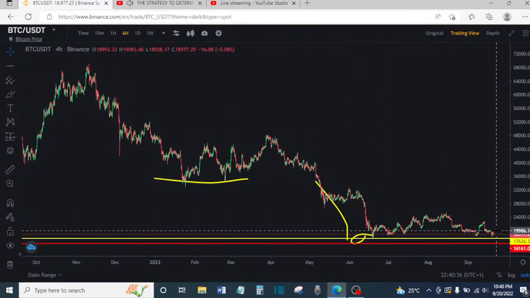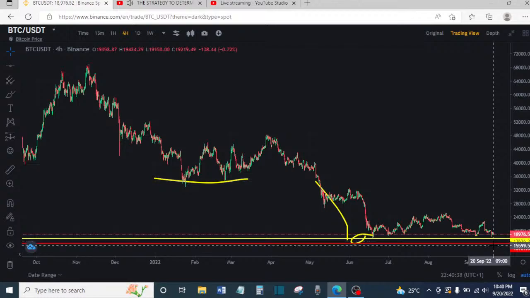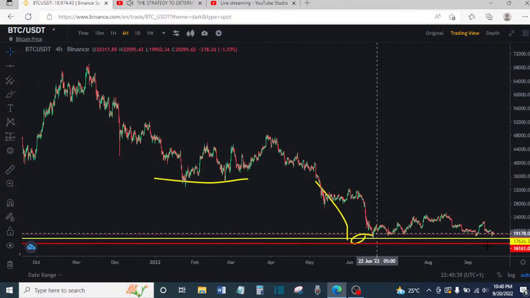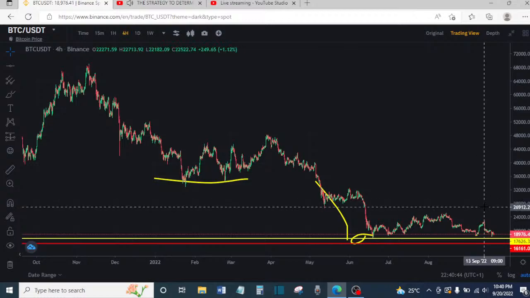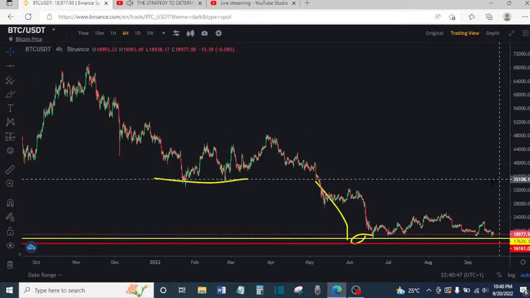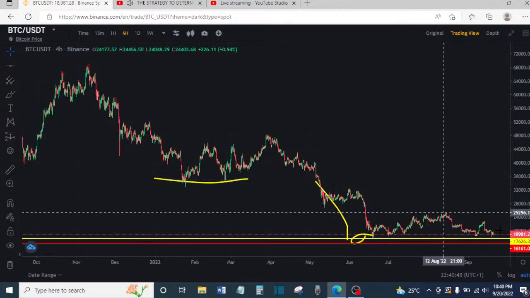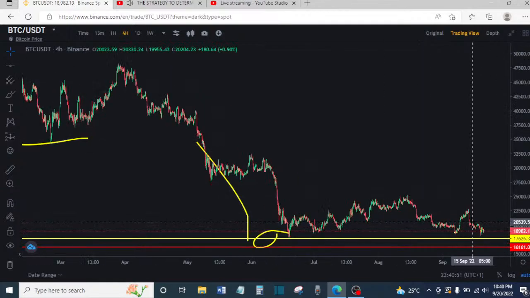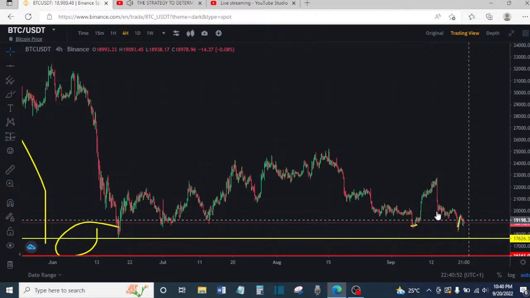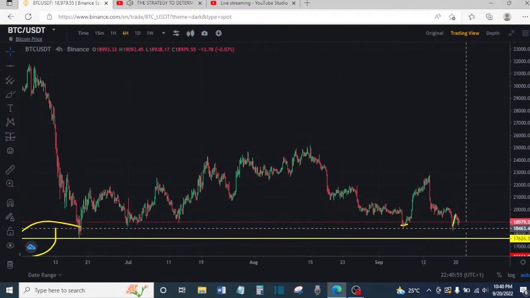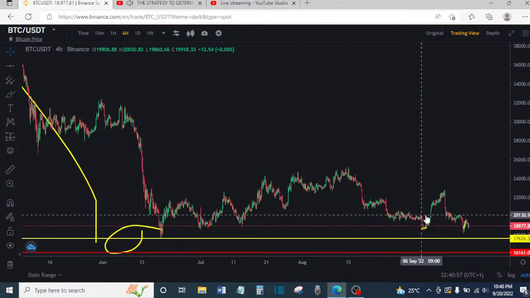So I expect price to fall to take it out. Once this double bottom is taken out, then I can begin to look for the opportunity to go long. I think that is the best opportunity I can give you right now, just like I've been explaining before.